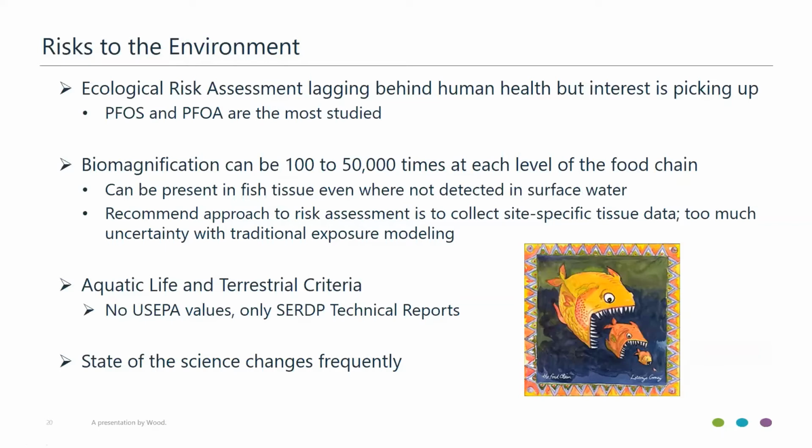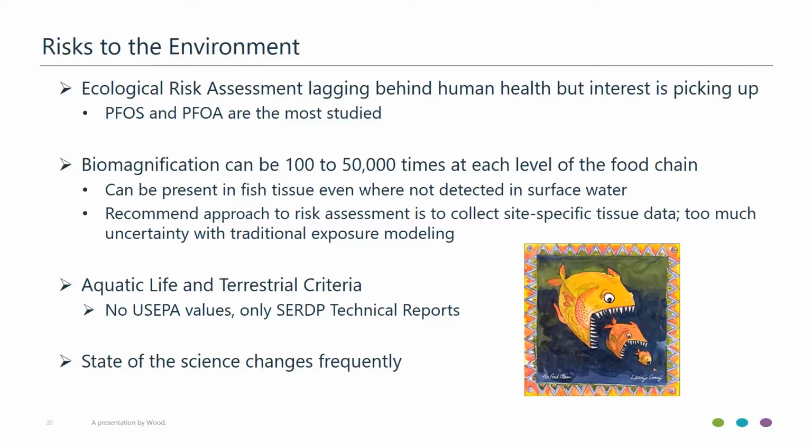But we've also seen cases where we have found PFAS in fish tissue, but not detected it in surface water, which is quite an interesting issue, whether it's lower detection limits needed for surface water or half-lives in fish, not sure, but there's definitely ongoing research in that area.